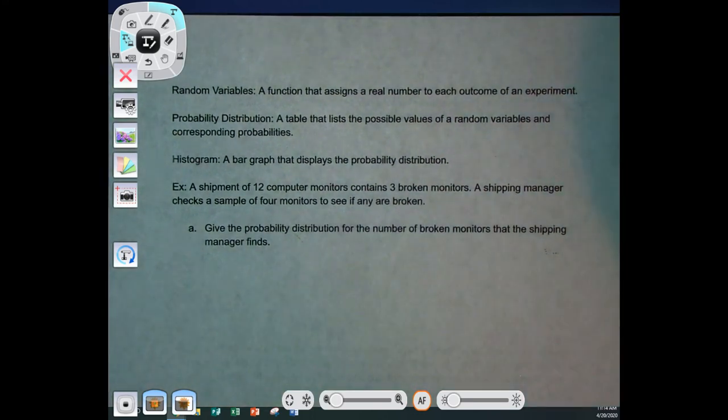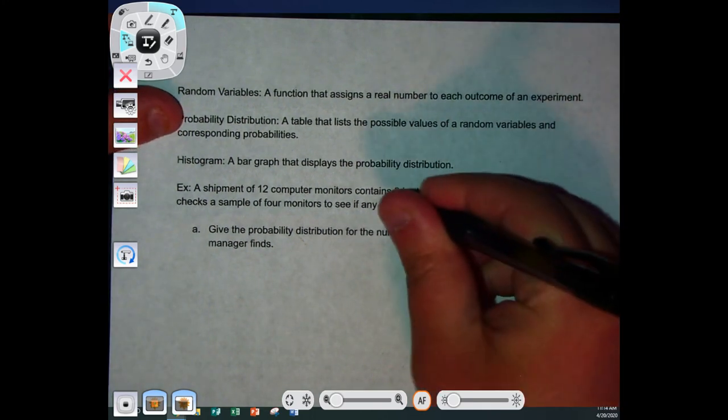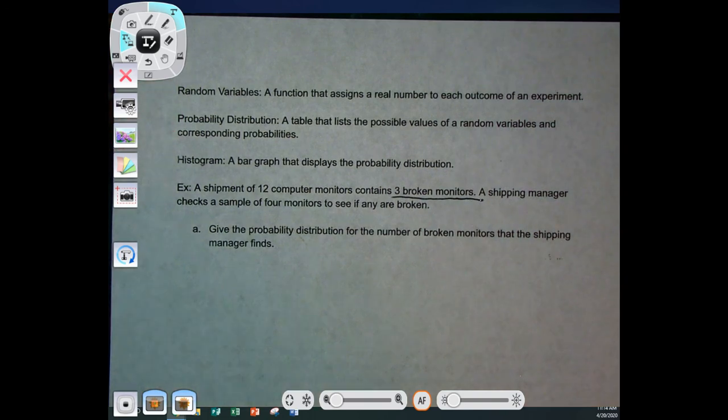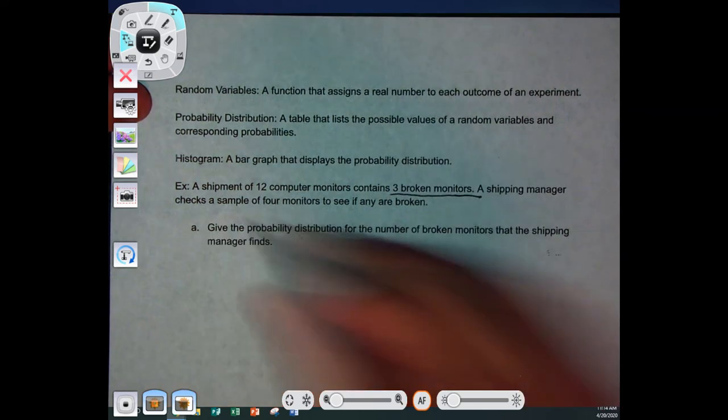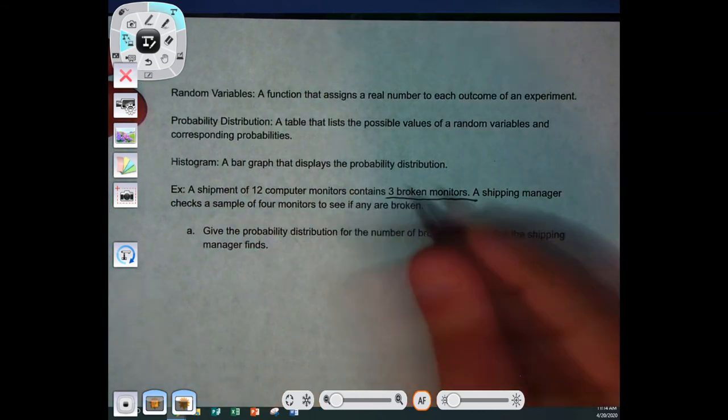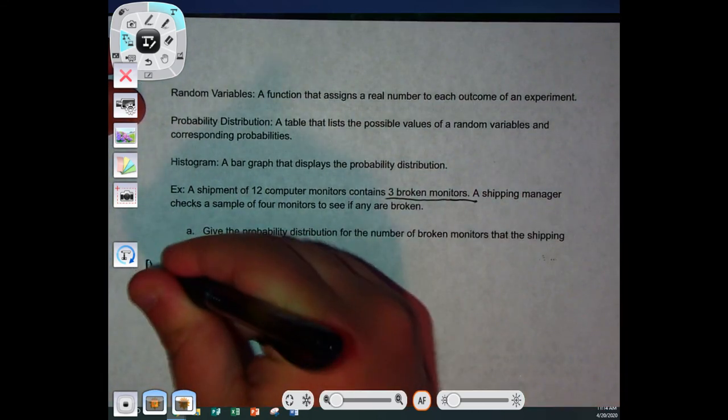The big thing here is, since there are 3 broken monitors, there are 4 possibilities that we could have: 0, 1, 2, or 3.